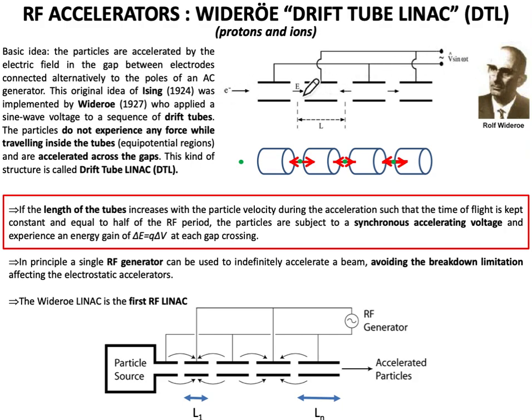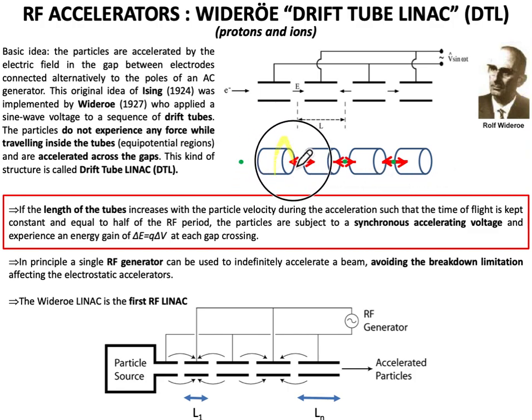Here you can see the poles are connected alternately. The original idea, as I told you, was Ising's, and it was implemented by Wideroe in 1928, who applied a sine wave voltage to a sequence of drift tubes like here.